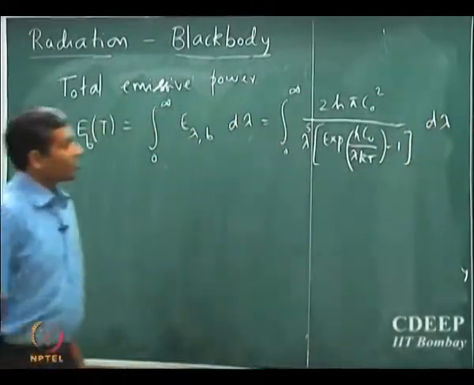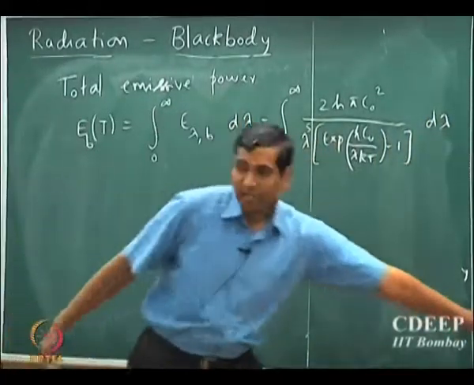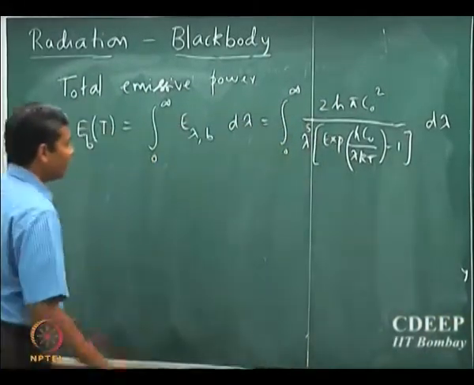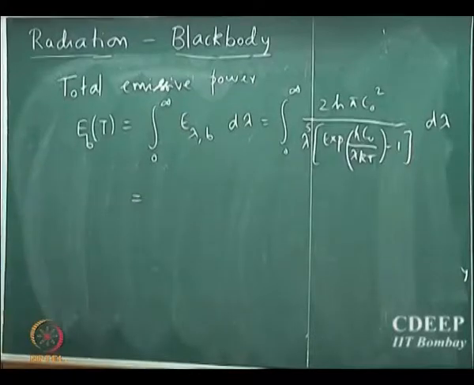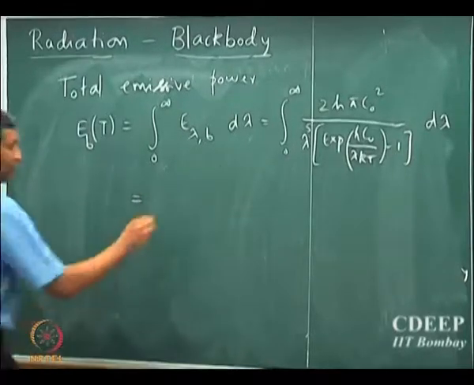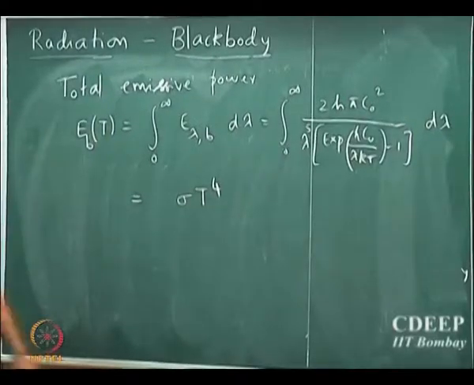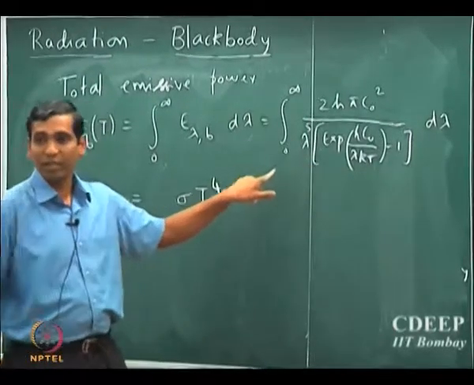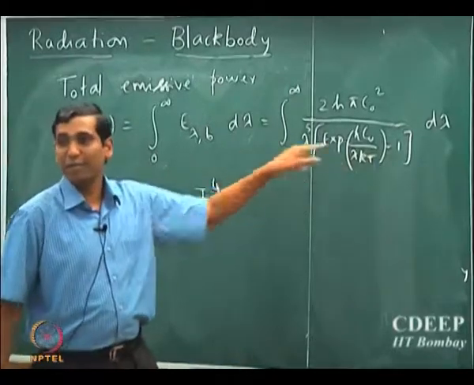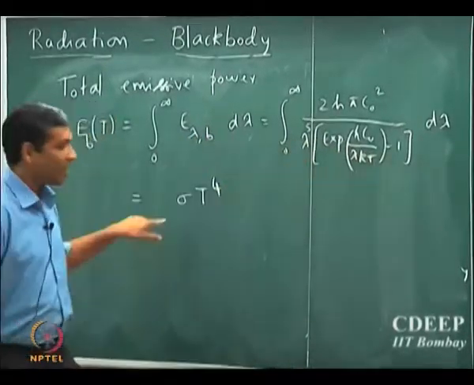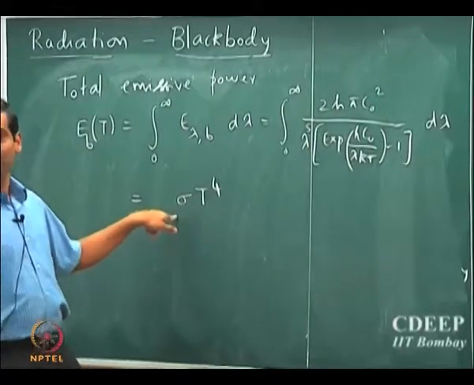Okay. Note that this pi comes from the averaging over all the angular directions, and now if we integrate over the whole lambda, what you get is this magical formula called sigma T power 4. The way you have to integrate it is you use integration by parts 4 times, and what you get is sigma T to the power of 4.